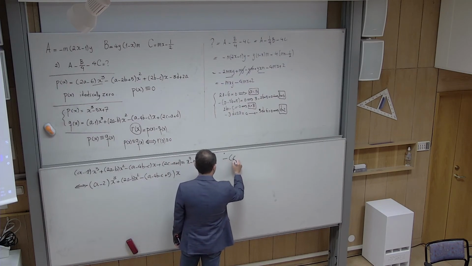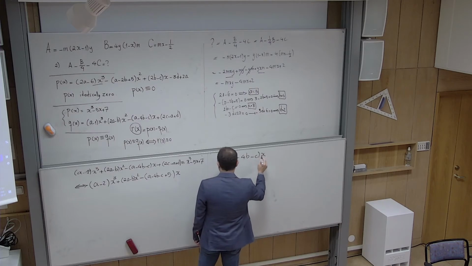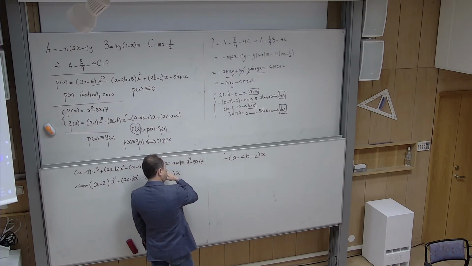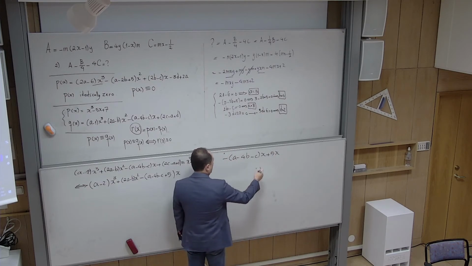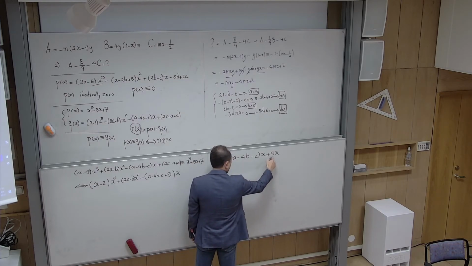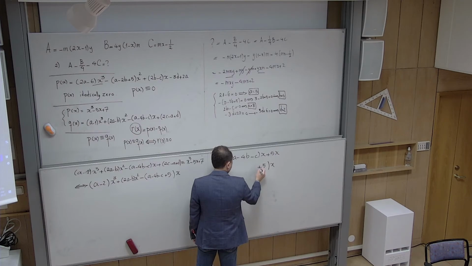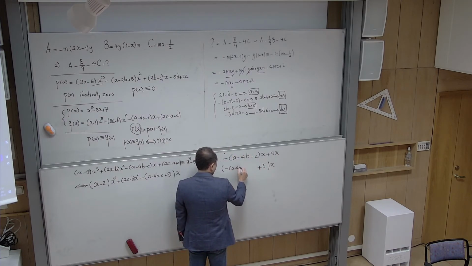So I have minus a, minus 4b, minus cx, and then I move this to the left, so it becomes positive x. Yes? Now, what I am doing, I want to take x out. So I will take x out. From here, 5 is left, plus, from here, this expression is left, if you want to write it like this.